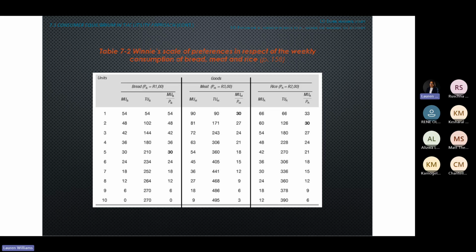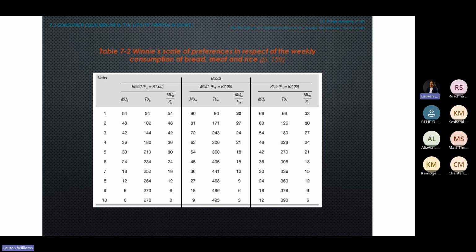So based on the price of the product, this is our level of satisfaction that we are obtaining from the consumption of these products. We are trying to match it to be in consumer equilibrium. If we're looking at our marginal utility, we're trying to see a number, which you can see there is actually in bold a little bit.